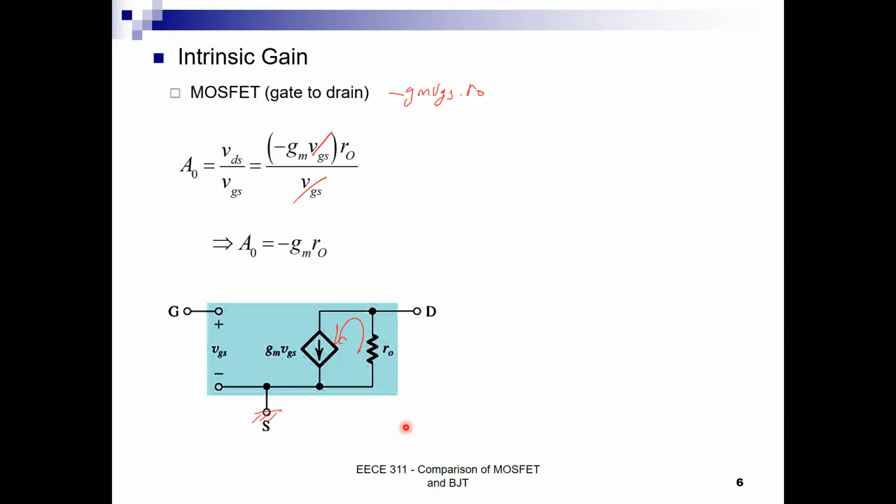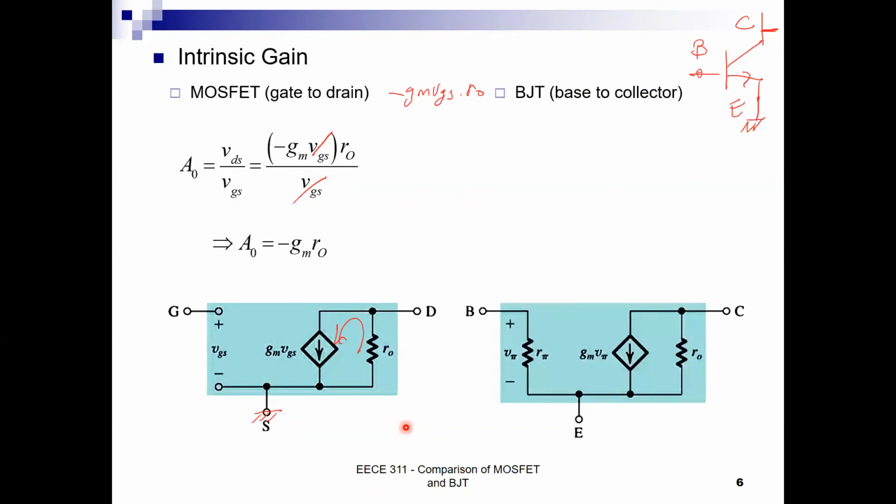Great. Let us look now at the BJT and check what the intrinsic gain of the BJT is. In this scenario, I'm looking at the output from the collector, and the input from the base. The emitter is grounded. So again, I look at the pi model, and if we assume that this is grounded, then VCE is really equal to minus GM V pi times RO.